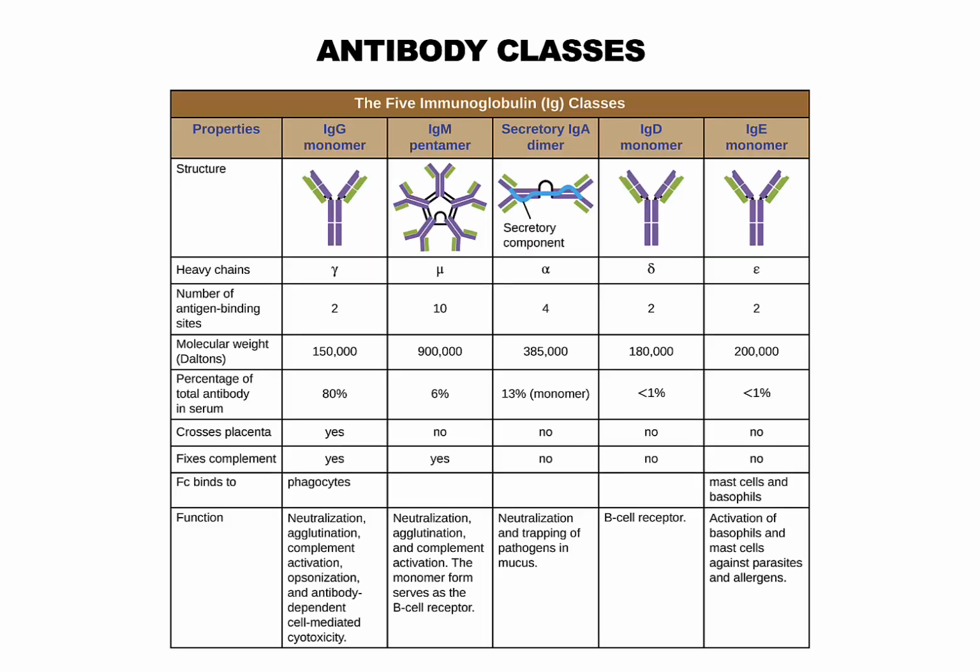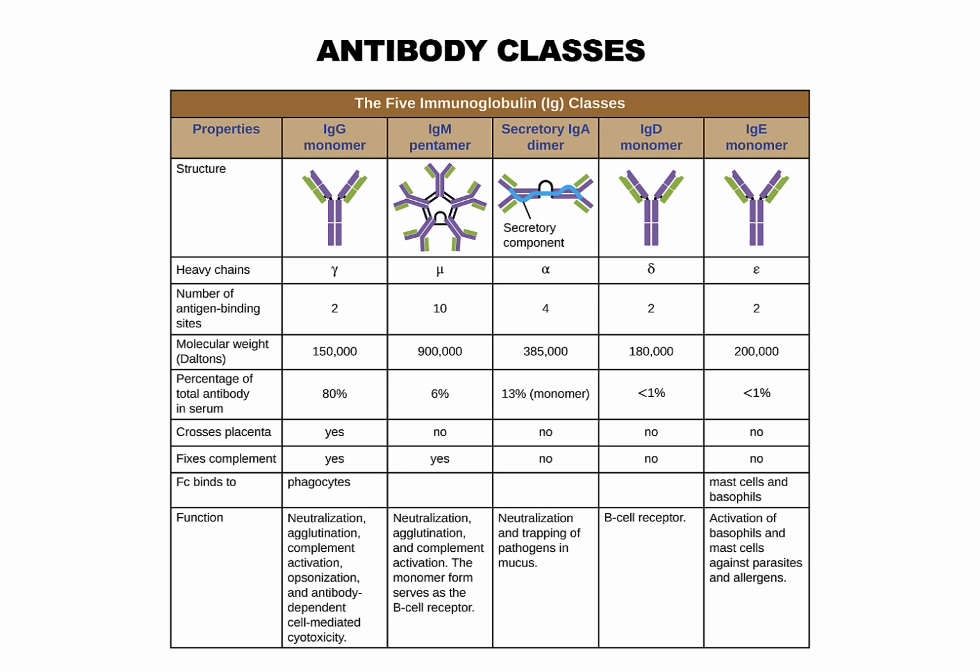The constant region is crucial as it determines the class or isotype of the antibody. There are 5 classes of antibodies: IgG, IgM, IgA, IgD, and IgE. Each class has distinct heavy chains identified by Greek letters: gamma for IgG, mu for IgM, alpha for IgA, delta for IgD, and epsilon for IgE.